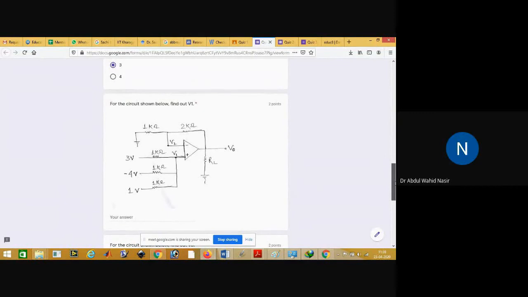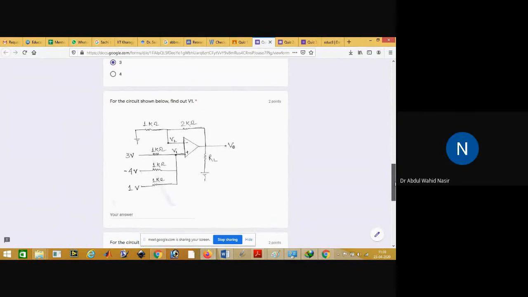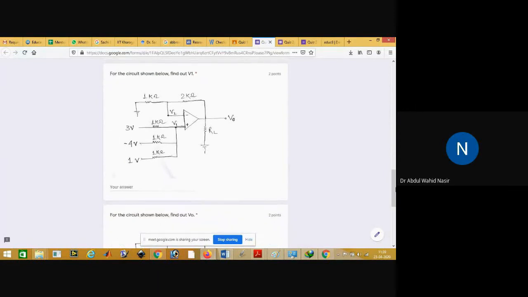Then again, for the circuit shown below, find the V1. For this, if you see this one voltage and that inverter is a non-inverting terminal. If you find the voltage is V1, you will end up having how much? What is the answer? 0 volt. Clear? If you are having V1 as 0 volt, then V naught will be also 0 volt.